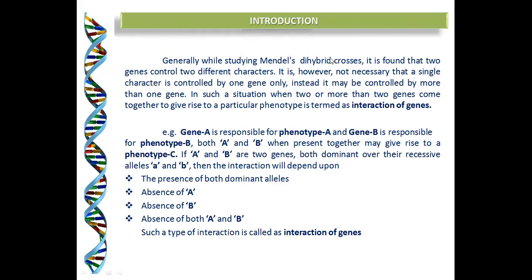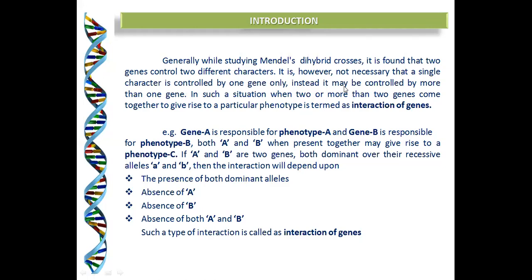generally while studying Mendel's dihybrid process, it was found that two genes control two different characters. For example, the R gene controls the shape of the seed, and the Y gene controls the color of the seed. It is, however, not necessary that a single character is controlled by one gene only.